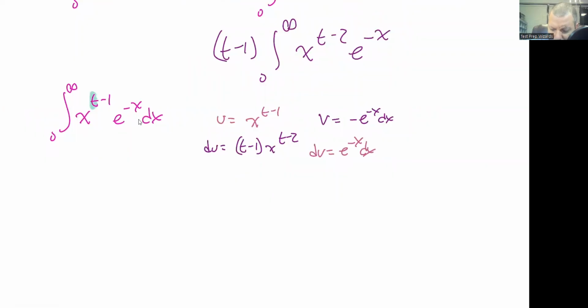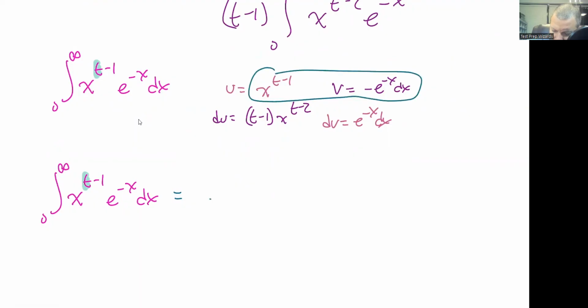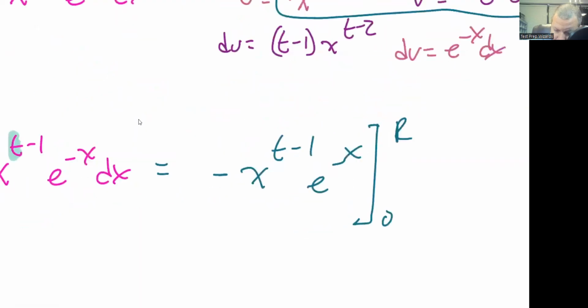Now, when we do our integration by parts, this integral is equal to u times v. So that's going to be negative x to the t minus 1, e to the negative x, evaluated from 0 to r. This is going to be a limit from our improper integral, the limit as r approaches infinity of this. Sorry, I was a little lazy writing that.